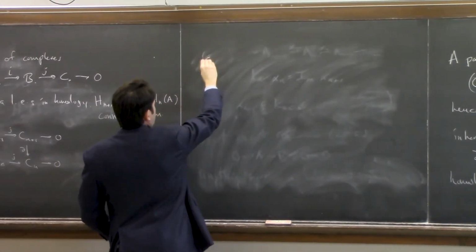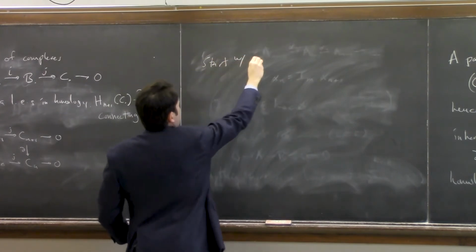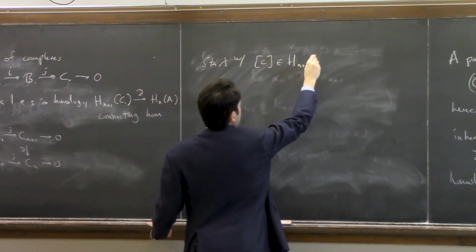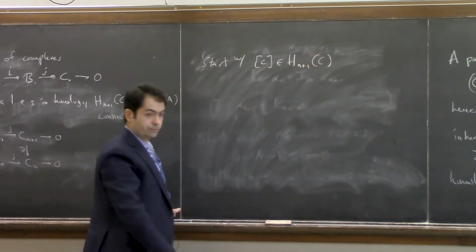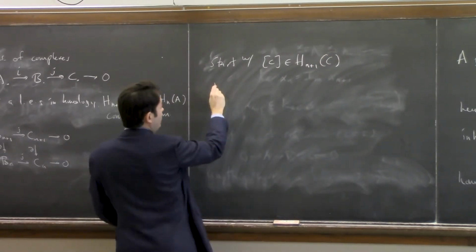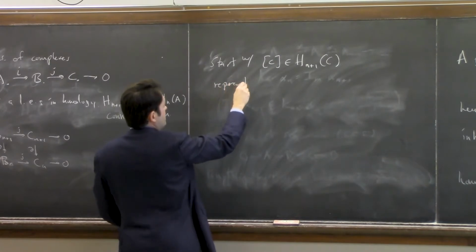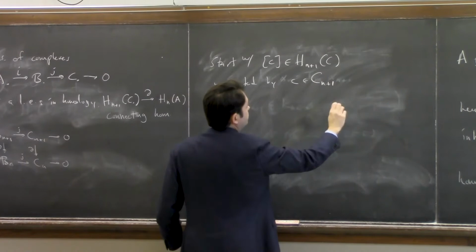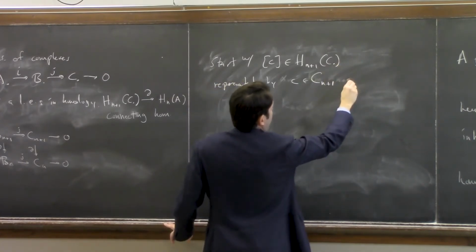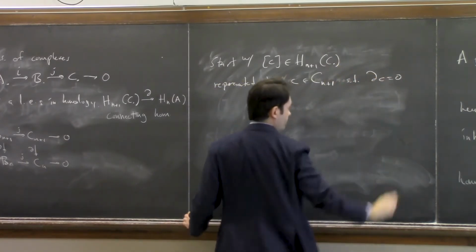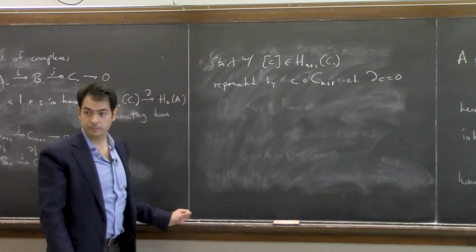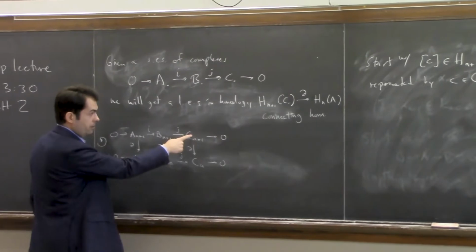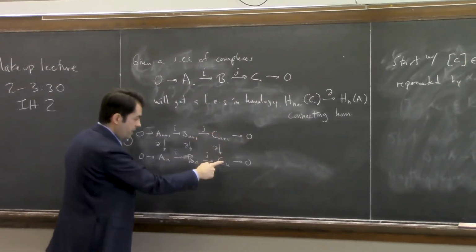We start with a homology class in here. This is represented by an element in here that is a cycle. So I have an element here, and I know that if you go down, you get 0.